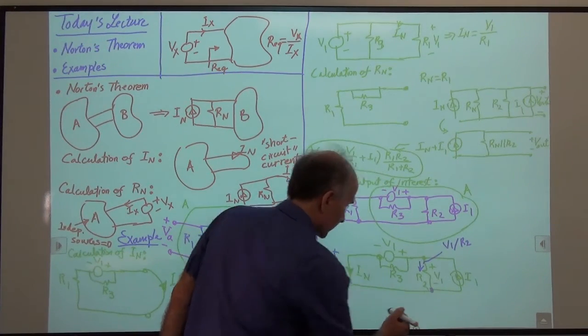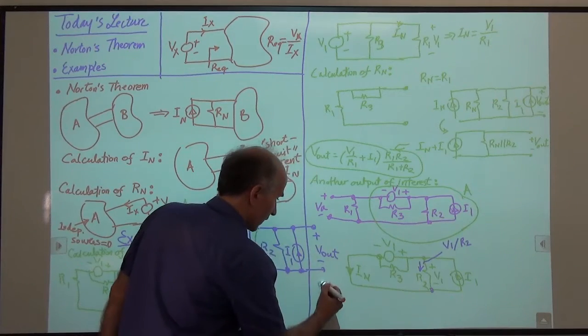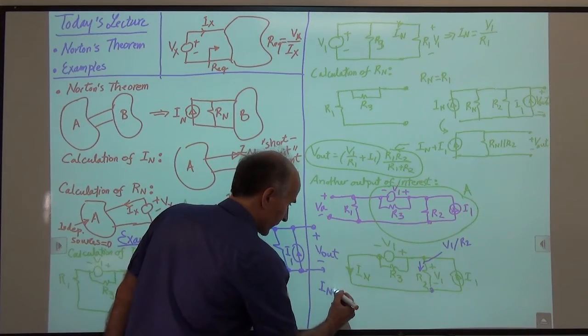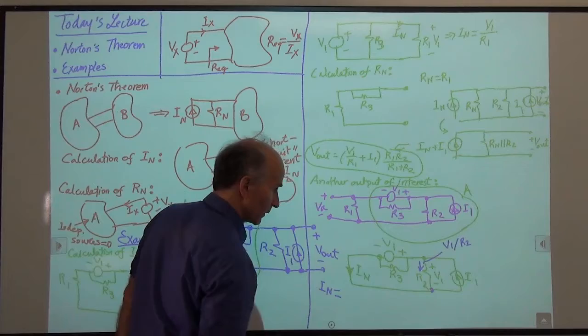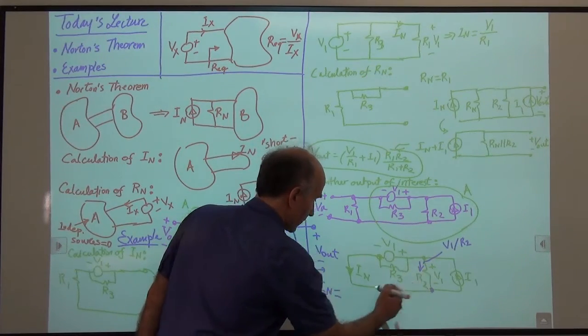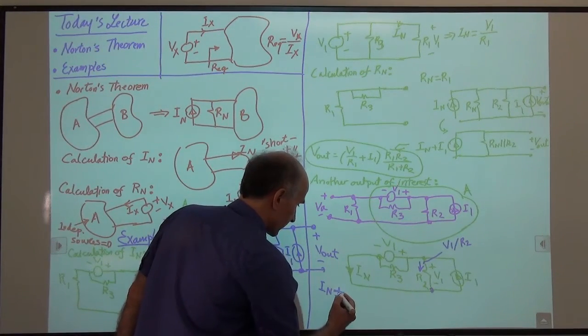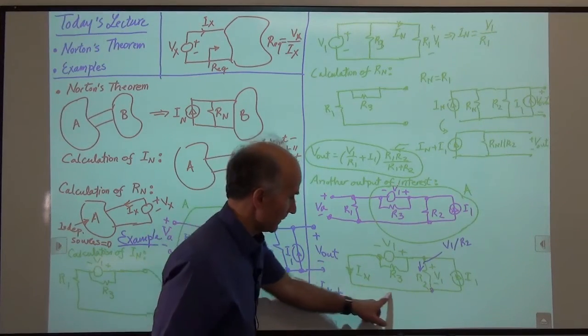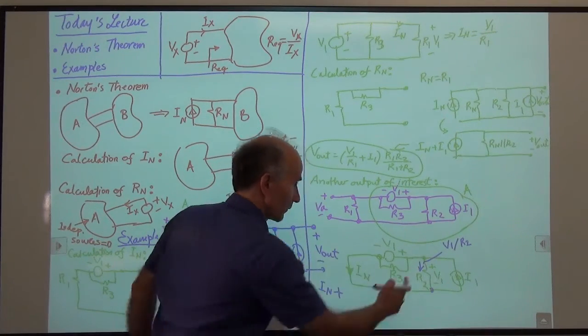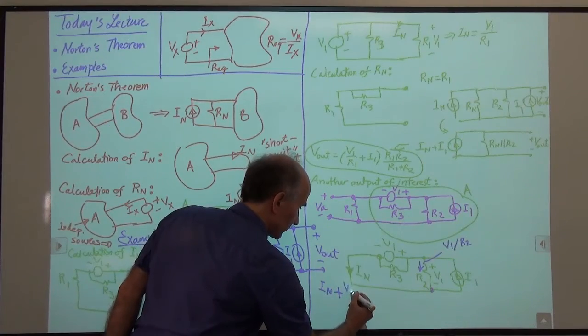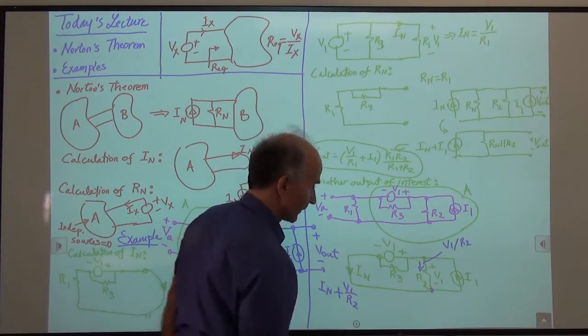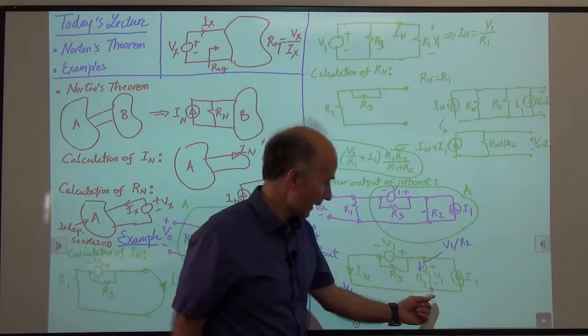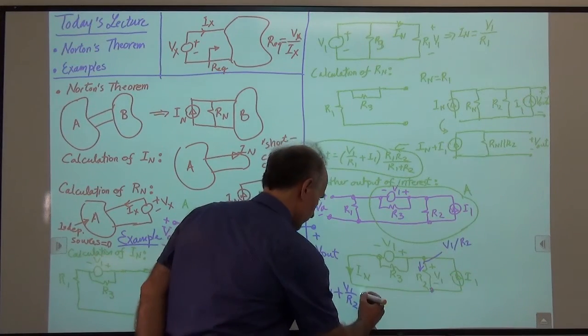That KCL says that this current coming in, I sub n, is equal to, well, actually this is also coming in, so this current plus, let's erase this, this current is coming in, this current is also coming in, which is V1 over R2, should be equal to a current going out, which is I1.